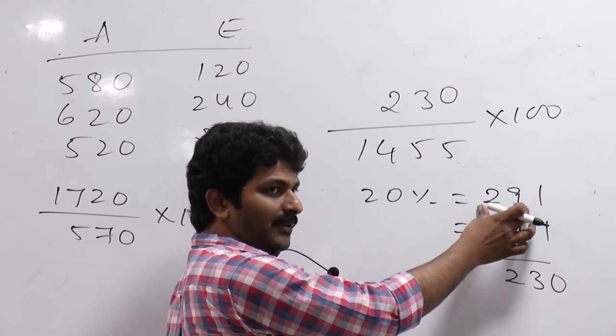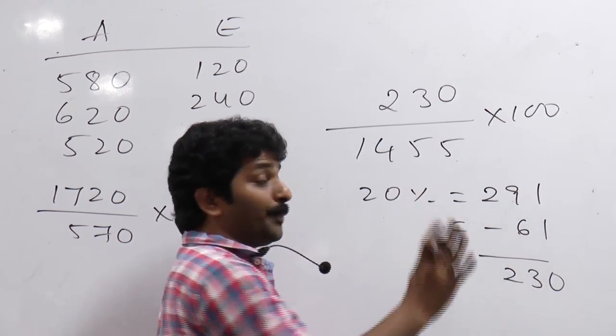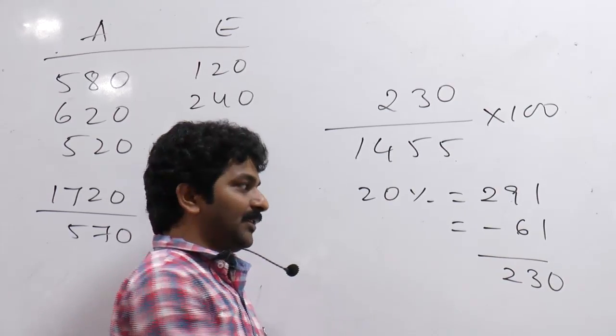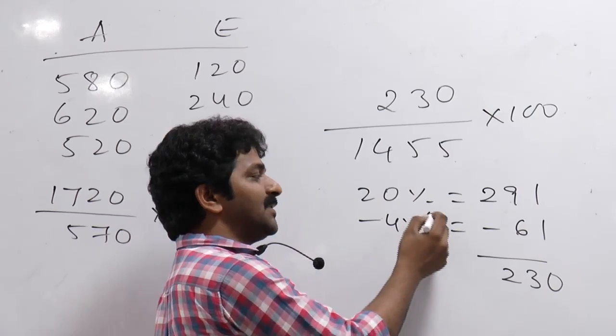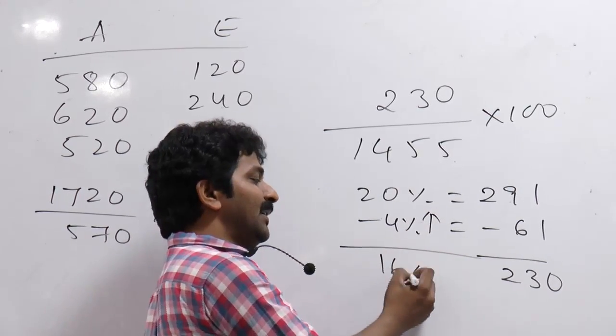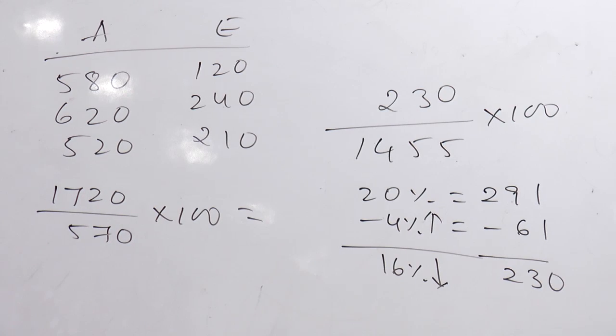Forget about 0.1, concentrate on 29. If 2% is 29, 4% would be 58. More than that, so you need to subtract more than 4%. Hence the answer will be less than 16%. As they said approximate, you can go for 16% because 15 is not there.